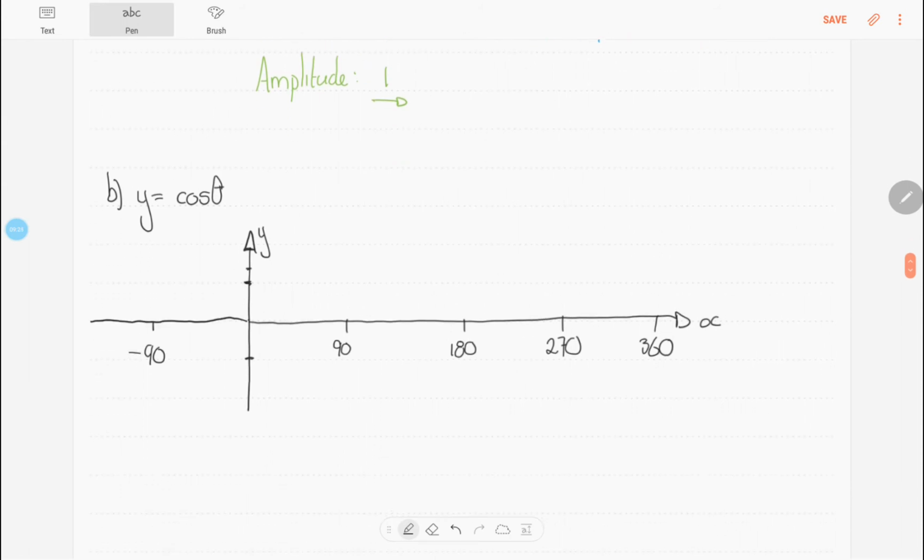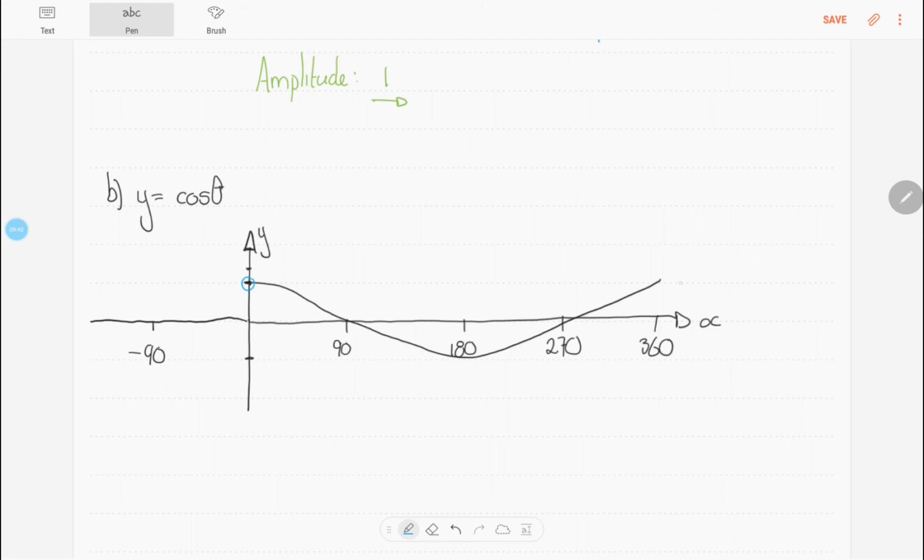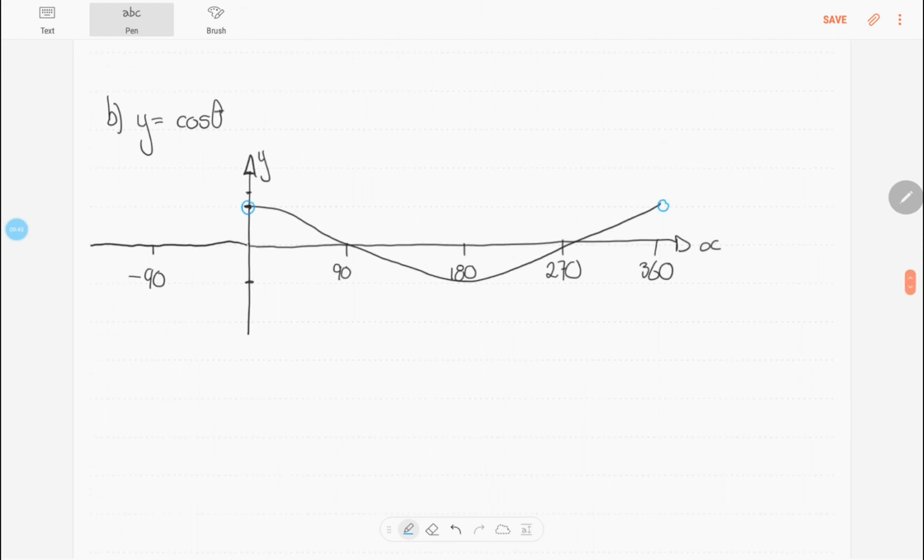It starts at 0 in terms of the x, but 1 in terms of the y, and then we go down at 90, all the way down at 180, back at 270, and then up at 360. We'll notice that where we were here, now we've got back to that point. So we know it's completed itself, or now it's going to start repeating, it's completed a wave function.